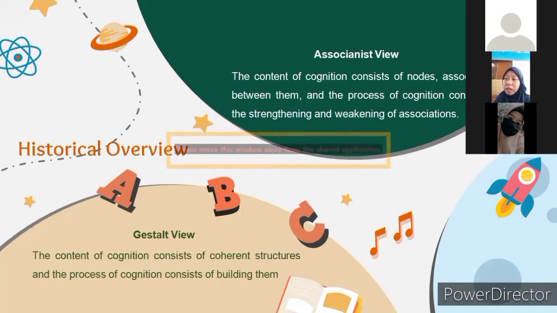Kohler observed that the ape looked around and then suddenly placed the crates on top of one another to form a ladder leading to the bananas, allowing the ape to climb the stairs and grab the bananas. According to Kohler, the ape learned by reorganizing the objects in the situation so they fit together in a way that accomplished the goal.